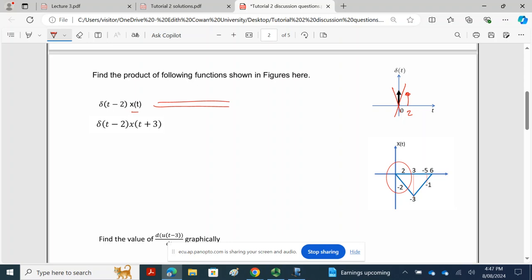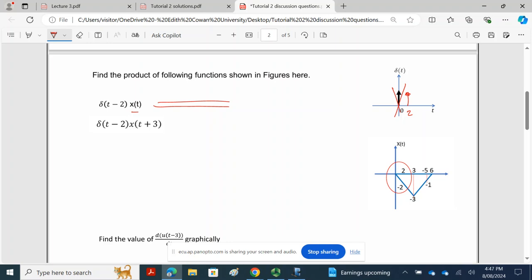What's x(2)? What's the value? Because that's sampling, right? What you need to do is move your arrow to t equals 2 seconds and take the sample. What's the value? Minus 6. Why minus 6?